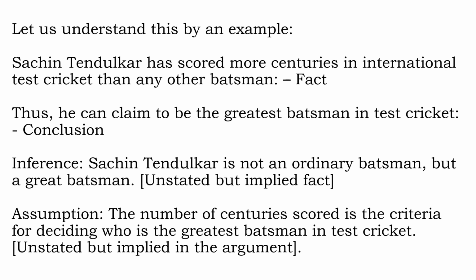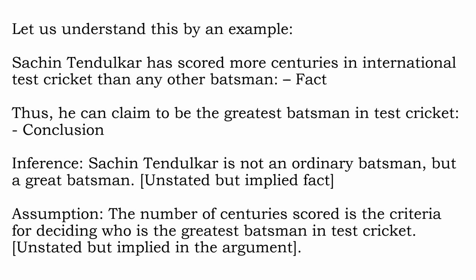Now, will it lead you to the conclusion that he is the greatest batsman? Because there could be a lot of great batsmen in international test cricket, but why, just because he has scored more centuries in international test cricket, is the person who has written the passage claiming that he is the greatest test batsman?